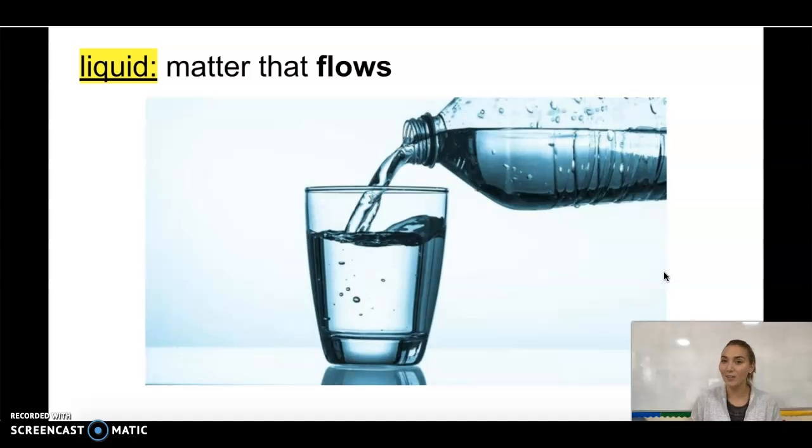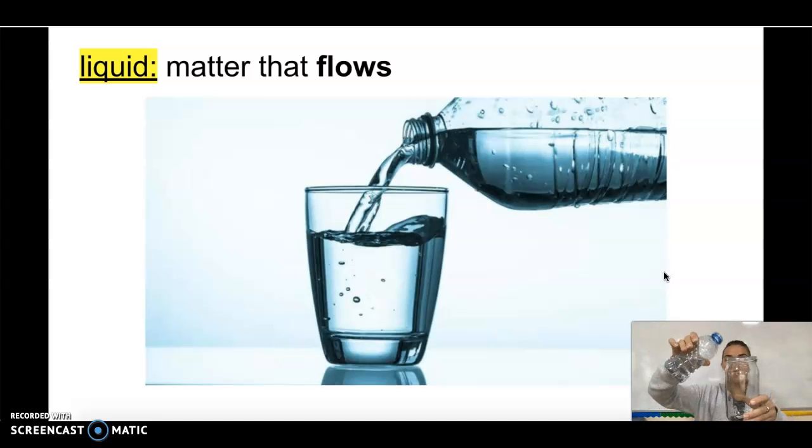All right, another type of matter we are going to look at is a liquid. A liquid is matter that flows like water. Take a close look at this water. It has a size, right? It's about halfway up this bottle. And right now, it is the shape of this bottle.